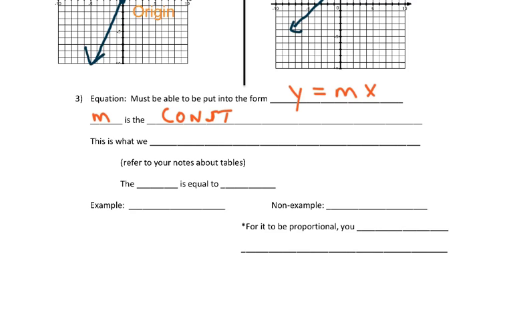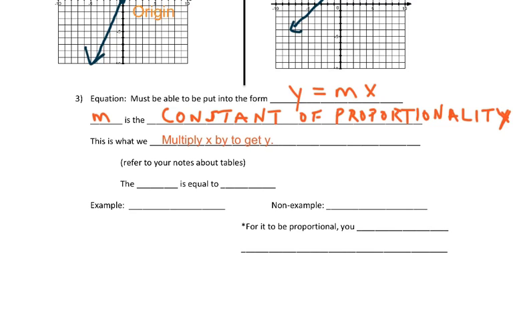Constant of proportionality. That is what the letter M is. This is what we multiply x by to get y.